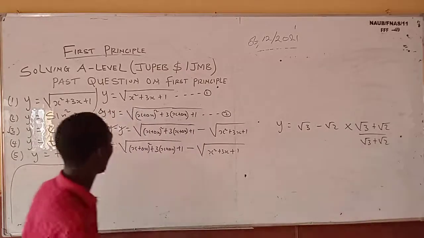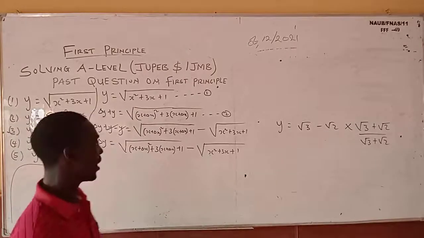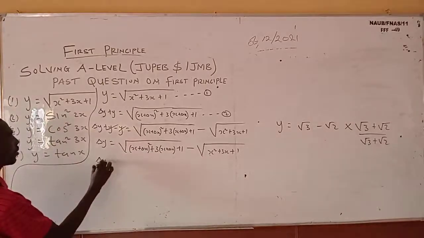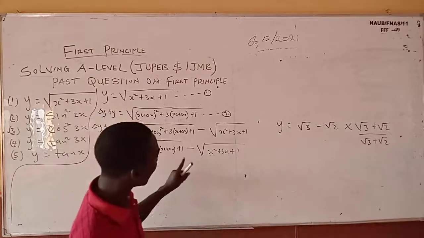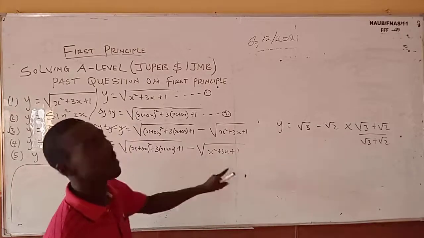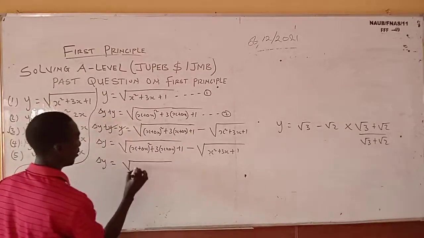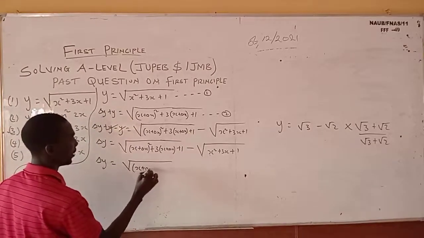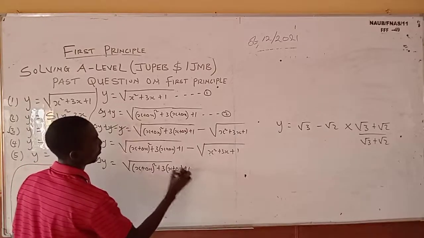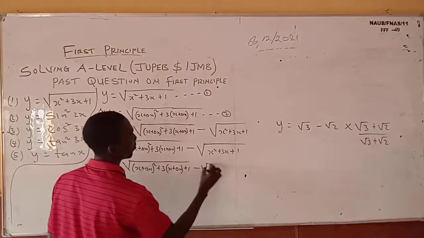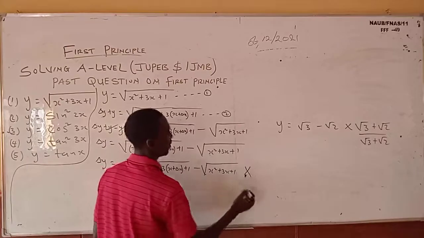Do you understand? So now similarly with this, if you look at this, it is in the form of this. The next step is we are going to take the conjugate. We will multiply this expression by its conjugate. So now we still have the square root of s plus change in s all squared plus 3 into s plus change in s plus 1, minus the square root of s squared plus 3s plus 1, times the conjugate.